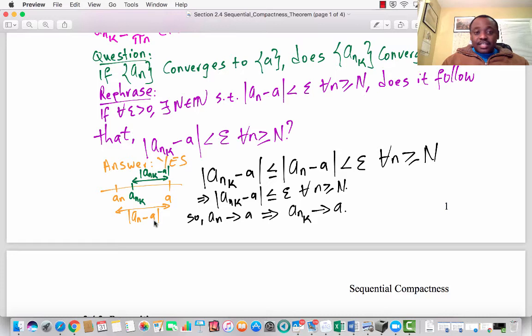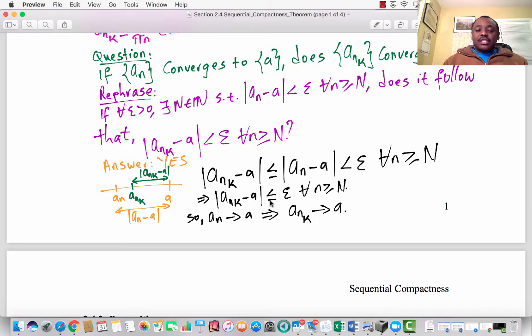So as this distance gets really small, less than epsilon, it is expected that this distance would also get very small, less than epsilon. Indeed, the absolute value of a_nk minus a is less than or equal to the absolute value of a_n minus a for every n greater than or equal to N, and the absolute value of a_n minus a is less than epsilon, so we can deduce that the absolute value of a_nk minus a is less than epsilon for every n greater than or equal to N, and that is strictly less than, not less than or equal to.